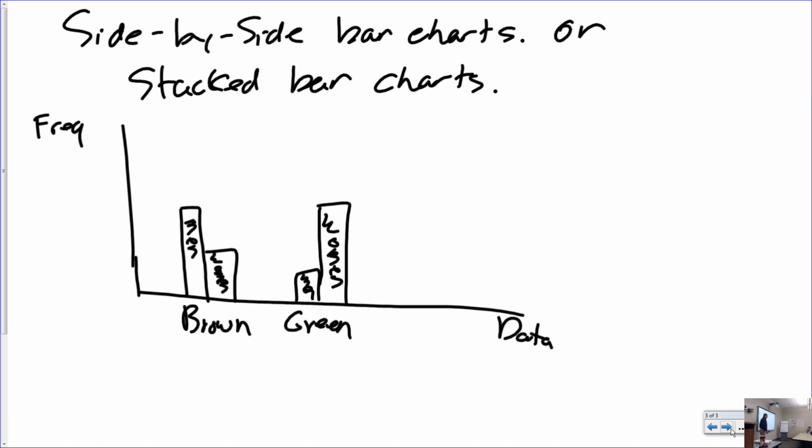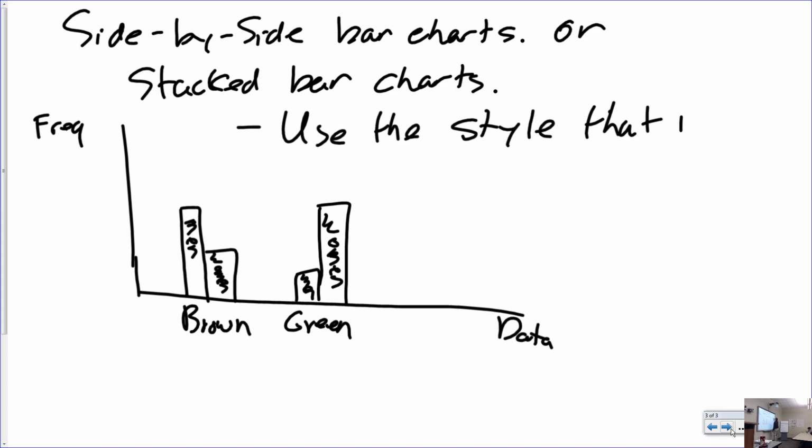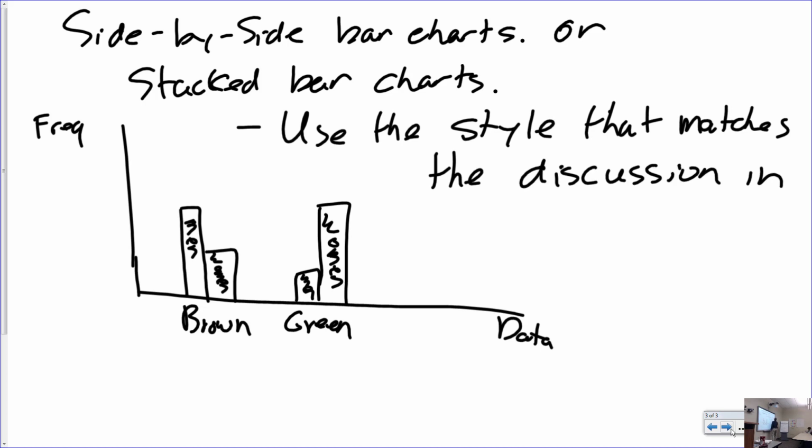That's just the way it works. So again, focus on what it is that you care about. Use the style that matches the discussion in your report.